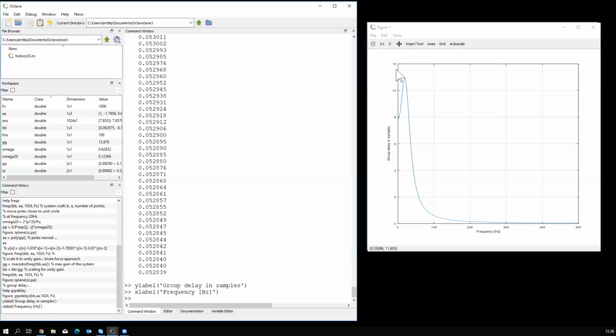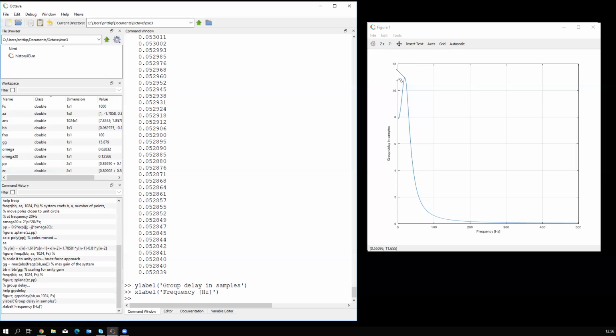So when we added a non-zero pole, making it an IIR system, all IIR systems have a non-linear phase response. However, you now need to ask yourself, does it really matter?